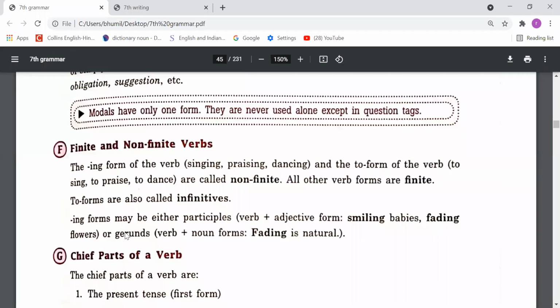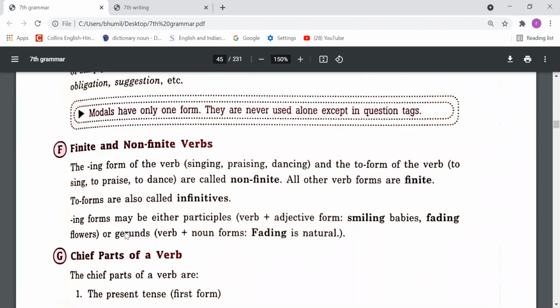The ing form may be either a participle, verb plus adjective, like smiling babies, feeding flowers, or a gerund, verb plus noun, like feeding in nature. So dear students, here we have to understand a very important point, that is finite verb and non-finite verb. First of all, let's understand what the finite verbs are. Then we will come to the non-finite verbs.